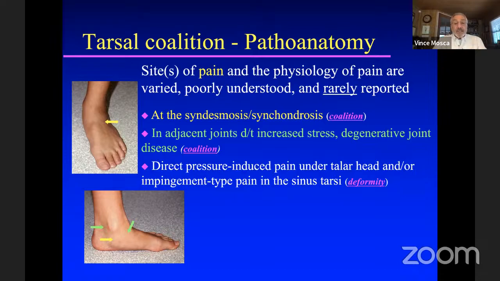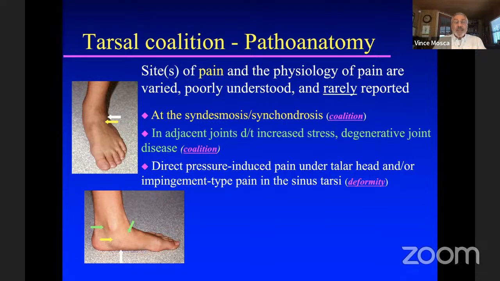The third place that someone with a tarsal coalition may have pain is related not to the coalition, but to the flat foot deformity that's usually associated with a tight Achilles tendon. So that may be pain under the midfoot or in the true sinus tarsi. Well, what does that remind you of?